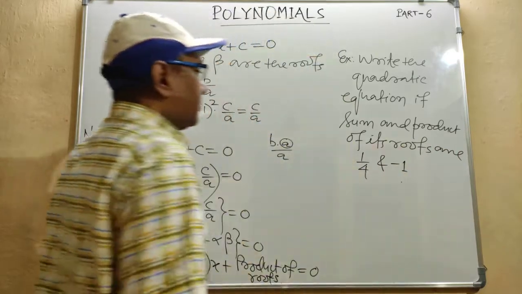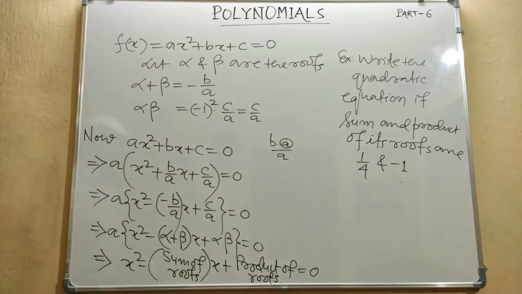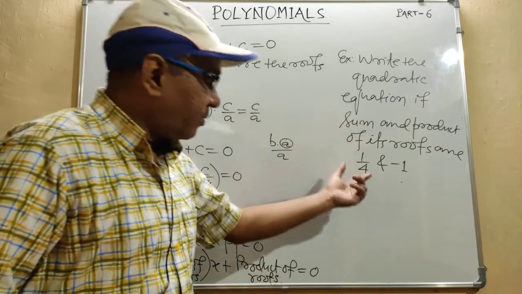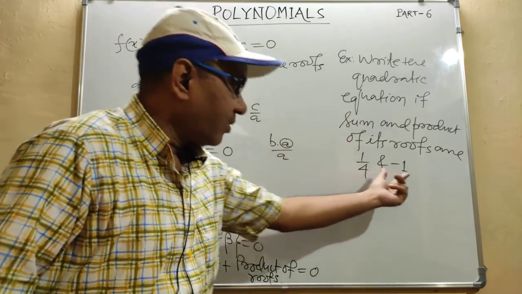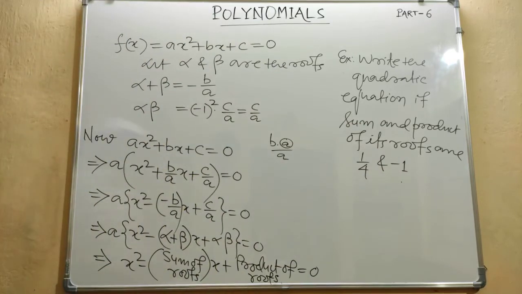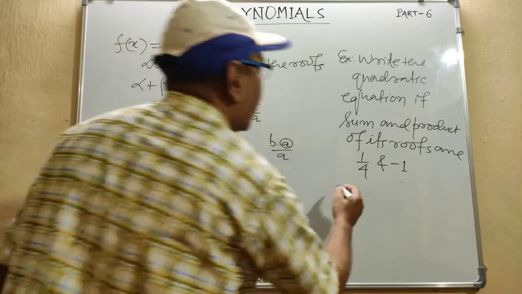This is a question. You have to write a quadratic equation. Sum of its roots is given as 1/4 and product of its roots is given as -1. So you have to write the equation clearly.